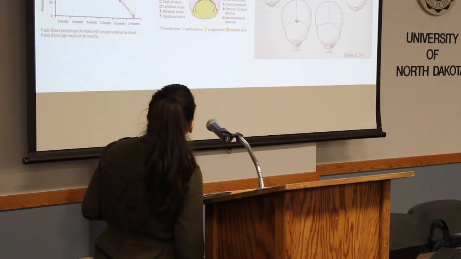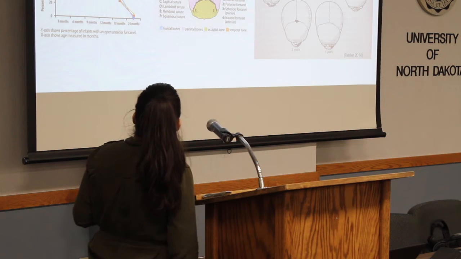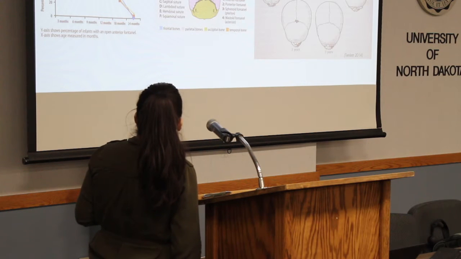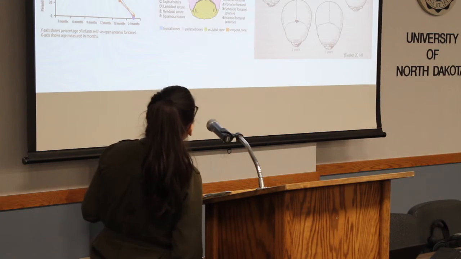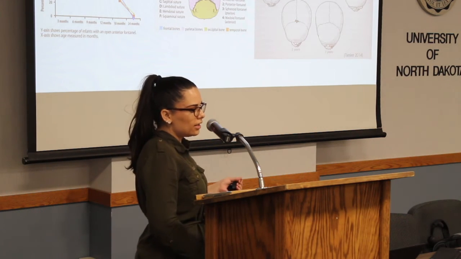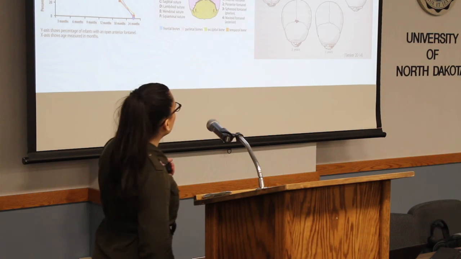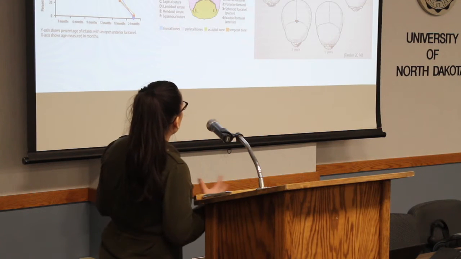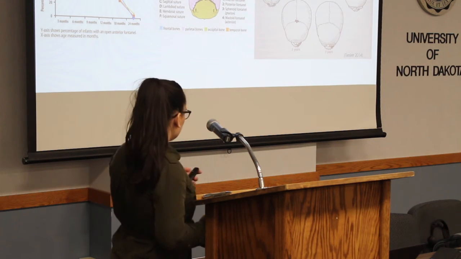And this graph just shows the percentage of open fontanelles in relationship with the lifespan, 12 to 24 months for an infant, and how they close as time goes on. And so basically the first few years of life allow for the shape of the cranium to be altered, and that's what allows for the mothers to change the shape of the skull.